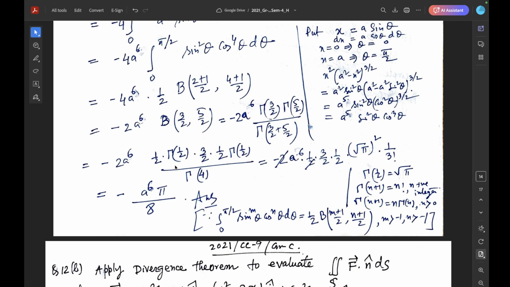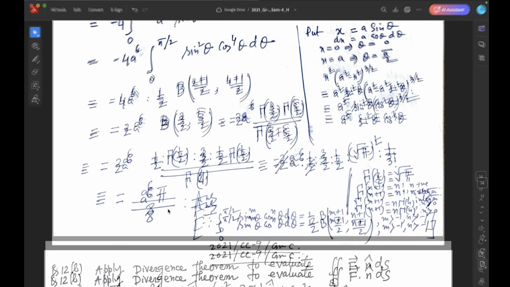Using gamma half equal to root pi, gamma n plus 1 equal to n factorial if n is a positive integer, and gamma n plus 1 equal to n into gamma n for any positive number, after simplification we get minus a to the power 6 pi by 8, which is the correct answer.